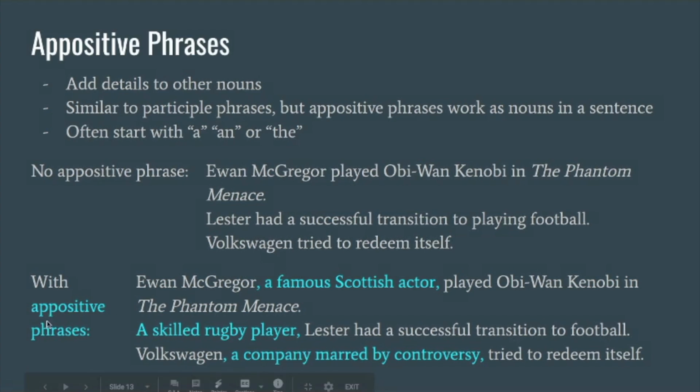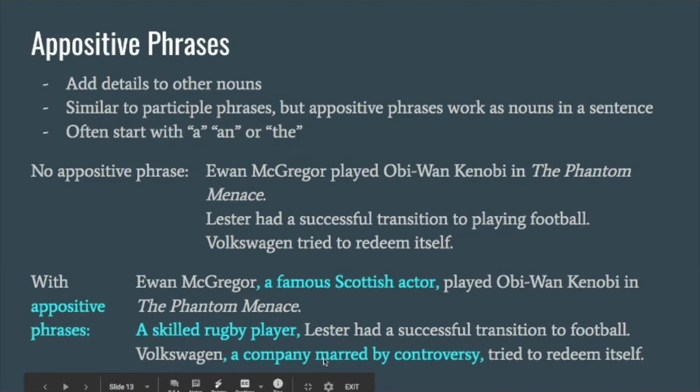Adding appositive phrases will help add detail to the nouns. So the noun in our first sentence, Ewan McGregor, we're going to add more detail. Ewan McGregor, a famous Scottish actor, played Obi-Wan Kenobi in the Phantom Menace. A skilled rugby player, Lester had a successful transition to football.